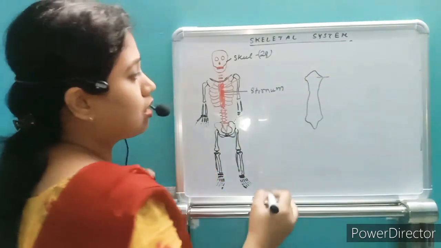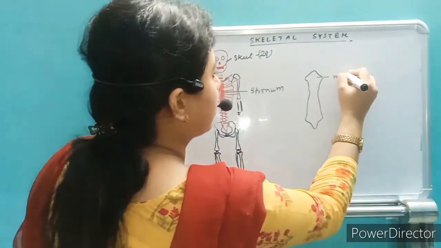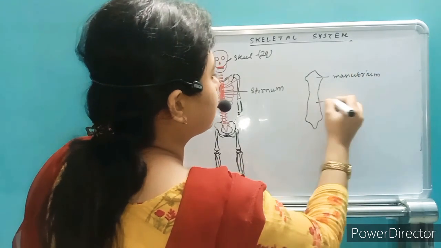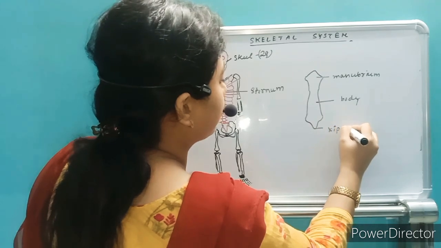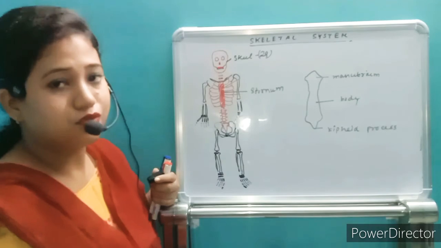and this sternum is going to have 3 parts. What are they? The first one, the apical-most region, is called the manubrium. Next one is the body, and the last one is called the xiphoid process. Okay, so this is the xiphoid process we have.